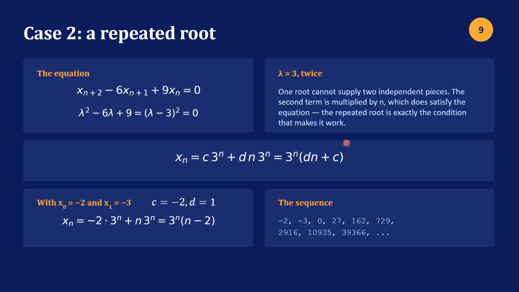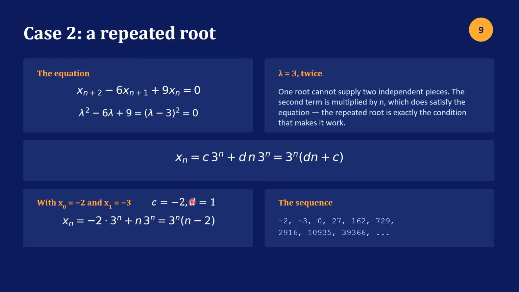And we can stop here, but if we want a particular solution, we need two initial values, and that's what I've supplied down here. If we let x sub 0 equal minus 2 and x sub 1 equal minus 3, then we can compute a specific solution. You notice when you put in x sub 0, the d cancels out altogether, and you just get 3 to the 0, which is 1, times c equals minus 2.